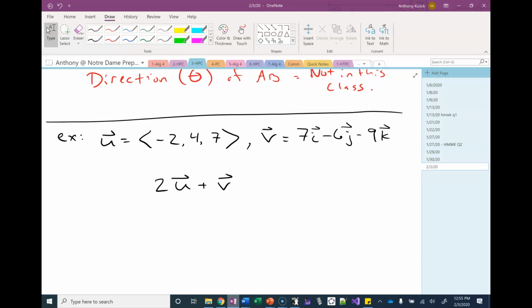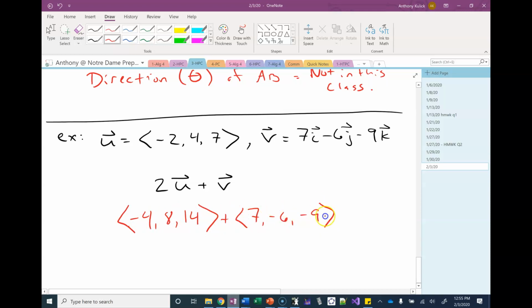You multiply the scalar to each component, right? Do you think that changes in 3 dimensions? No. And then I'll just convert that linear combination form into component form.